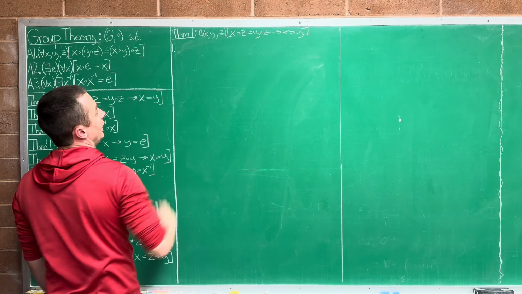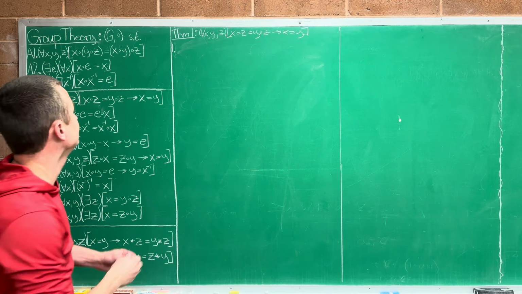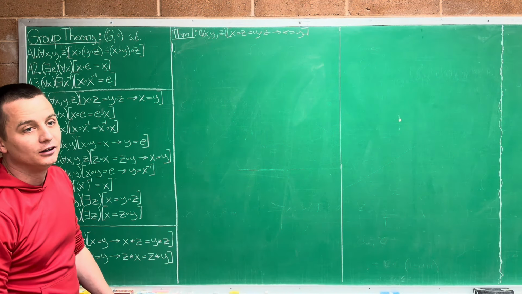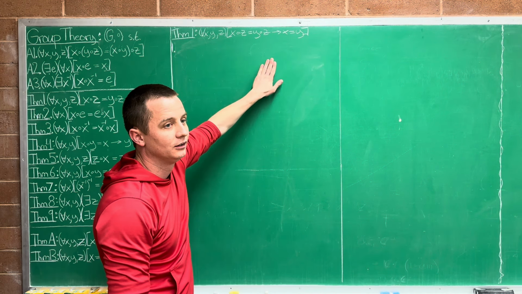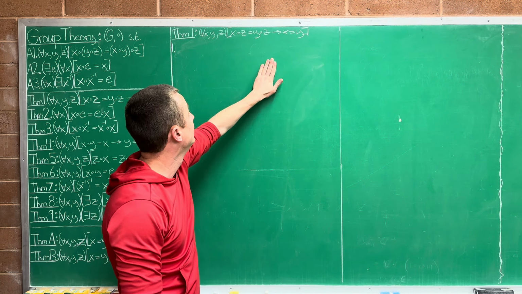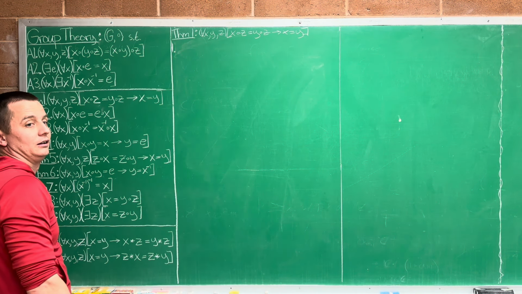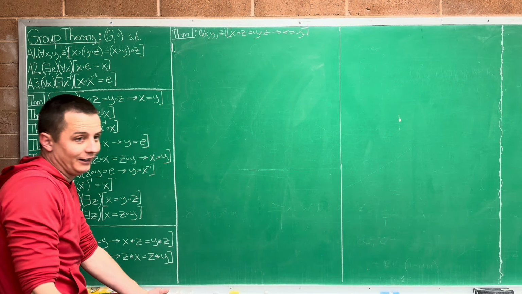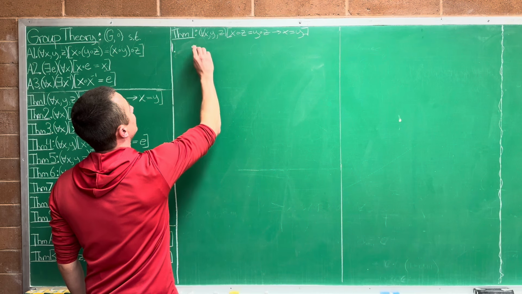So, step 1, how are we going to start this proof? What are we trying to prove? Okay, first we've got to assume the antecedent. Yes. I just want to clarify we're not going to do universal generalization or whatever.